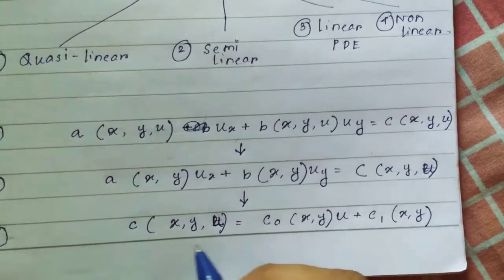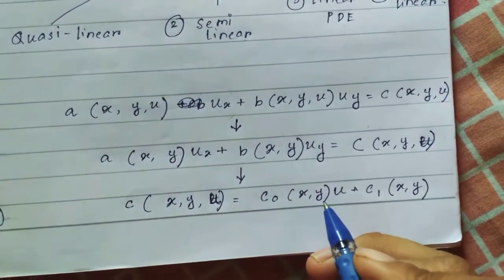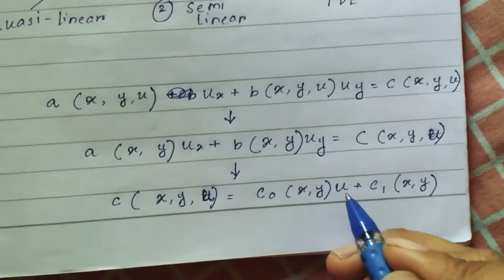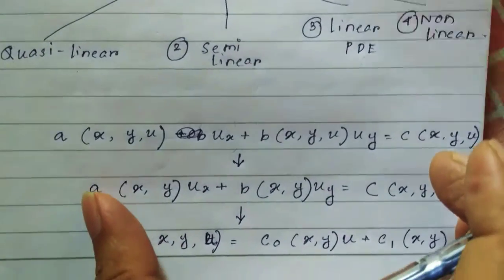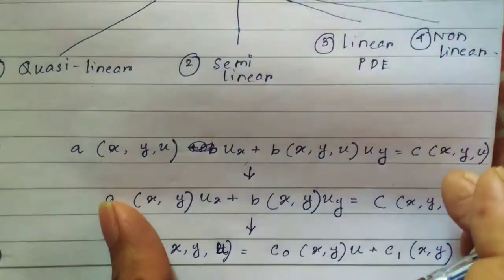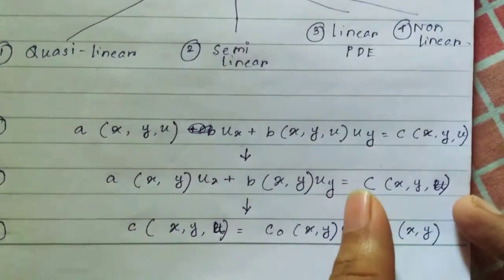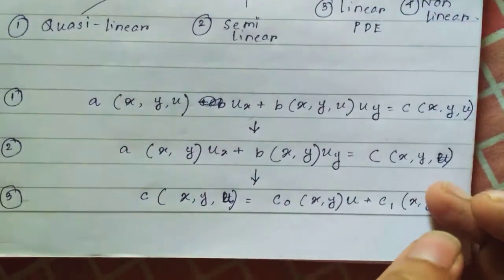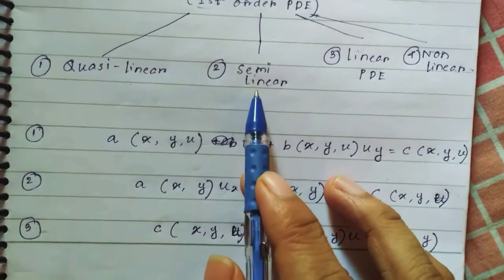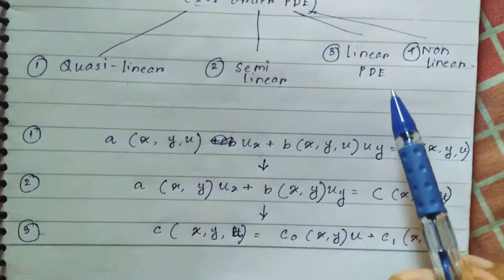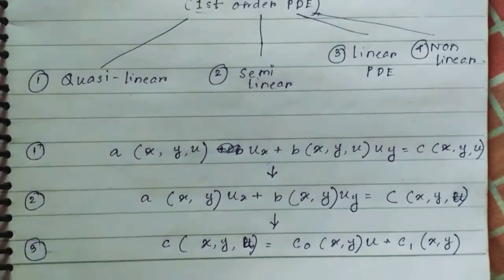So this can be written as a linear function of u. So whenever the c part of a semi-linear first order PDE can be written in this way, then this semi-linear first order PDE becomes a linear PDE.